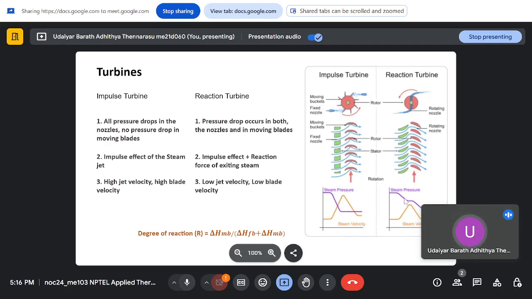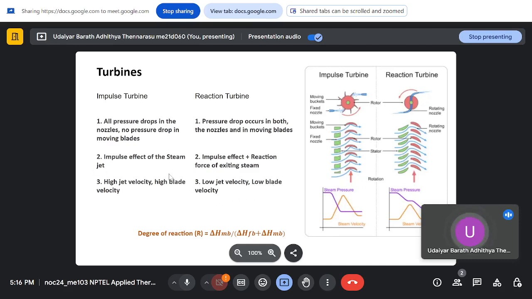Similarly in a reaction turbine, there's the initial drop in the nozzle, raising the velocity, and then when the steam is exiting the turbine blades, because it is driving the reaction force, the pressure again reduces in the blades.